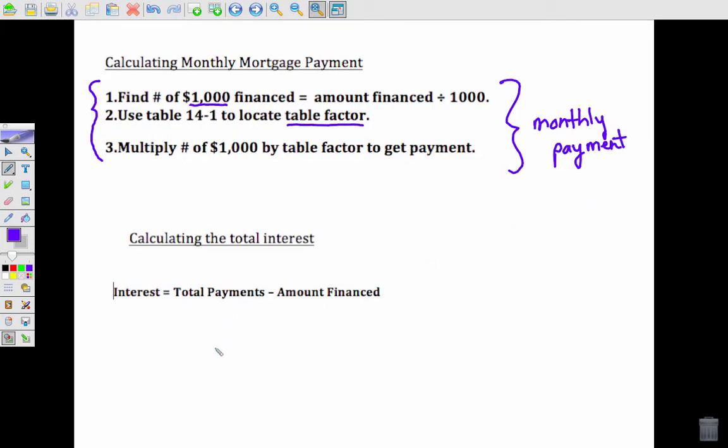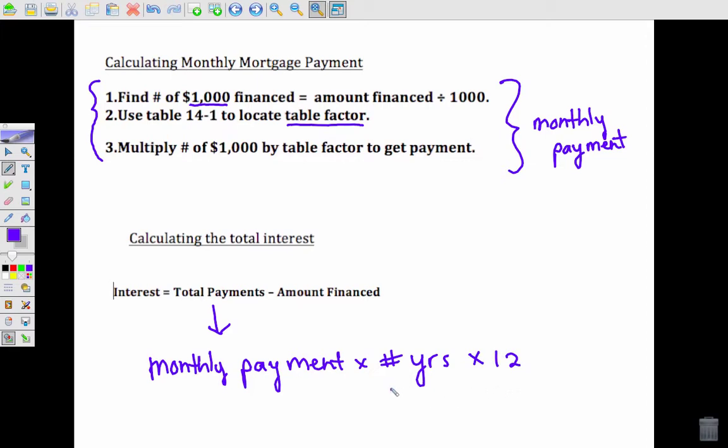Now, calculating the interest that you pay on your mortgage. Total payments is going to be our monthly payment times the number of years times 12 months.